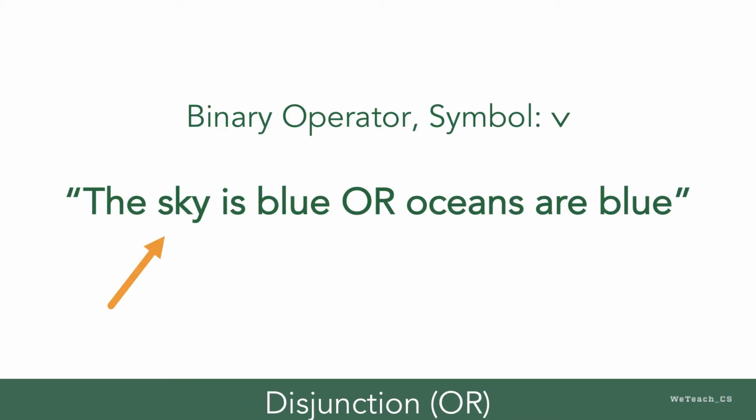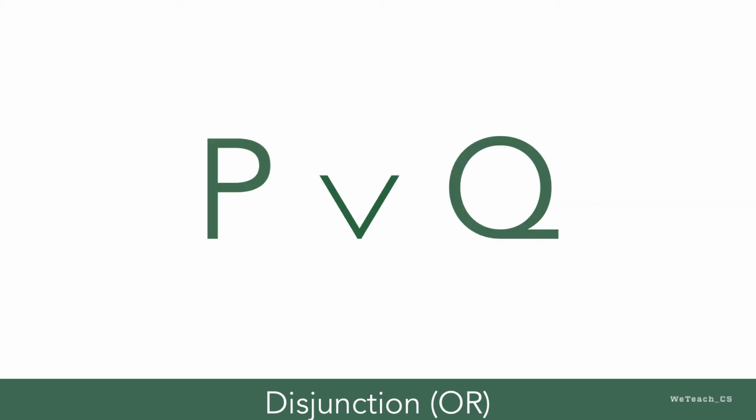Now that we have walked through a conjunction example, let us move on to a disjunction example. This statement is called the disjunction of P or Q. Here we join two propositions with the word "or."